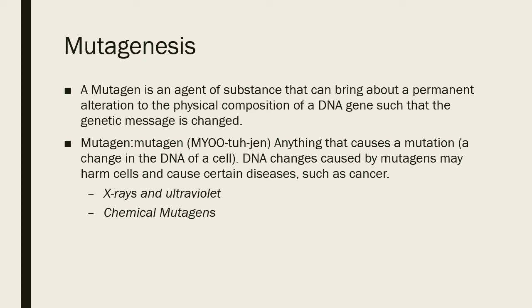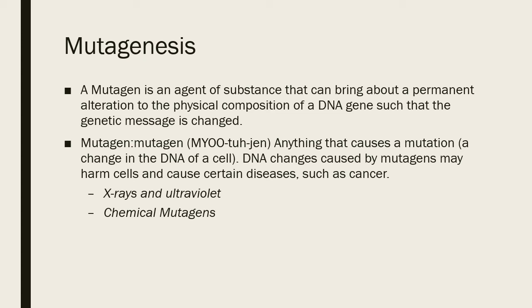A mutagen is anything that causes a mutation, a change in the DNA of a cell, and DNA changes caused by mutagens may harm cells and cause certain diseases such as cancer. And what are these mutagens?